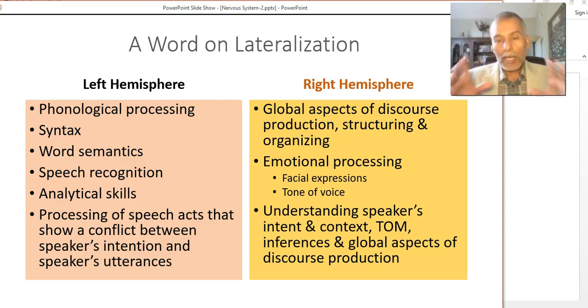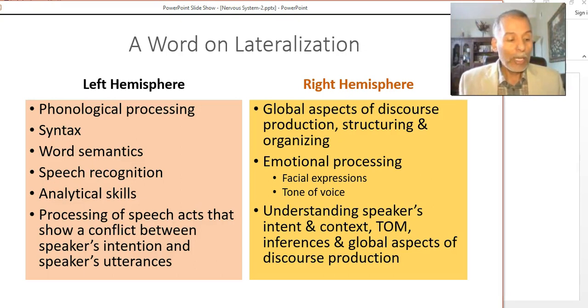So you all see that it has to do with the global aspects of things, with making you see the whole picture of things, and understanding the implied statements, things that are not mentioned in words.